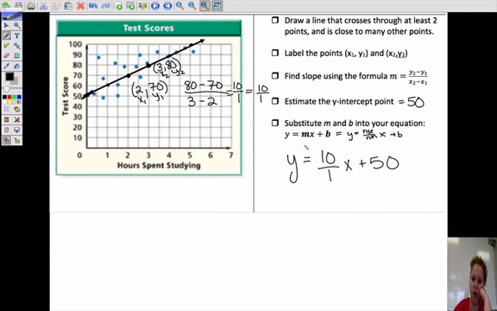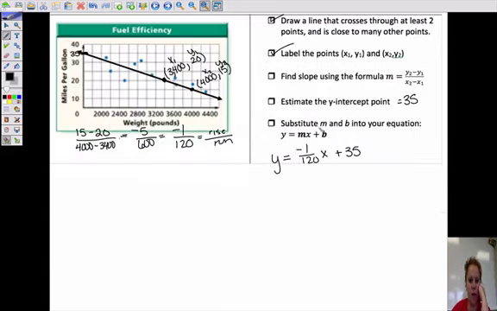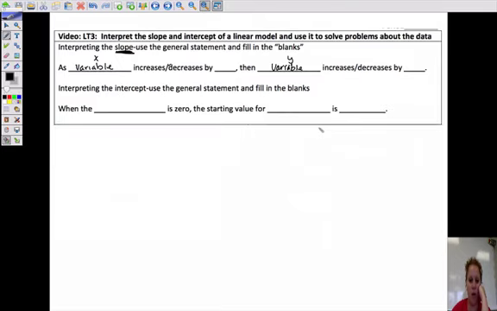Test scores. Our slope was 10 over 1 for the test score, the change in test score over the change in the hours spent studying. So that would mean for every 1 hour you study, you got a score that was 10 better, 10 points or 10% or whatever we're measuring it. Okay, so that's how we would interpret the slope.